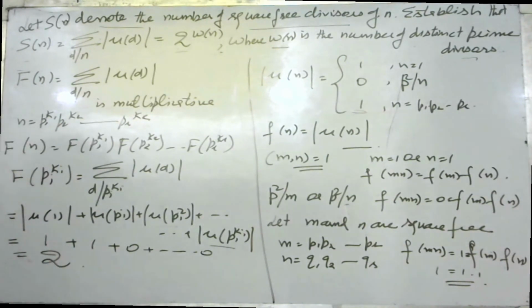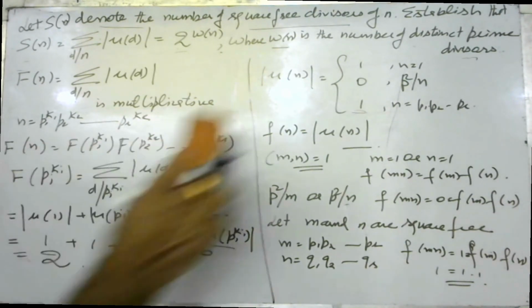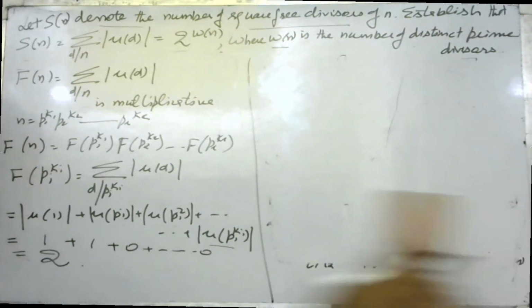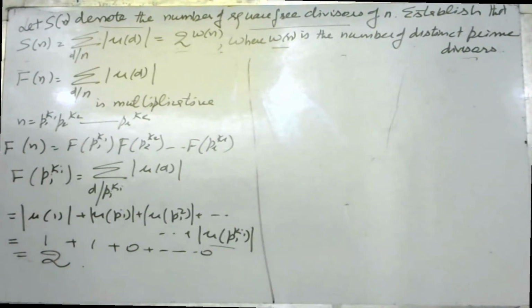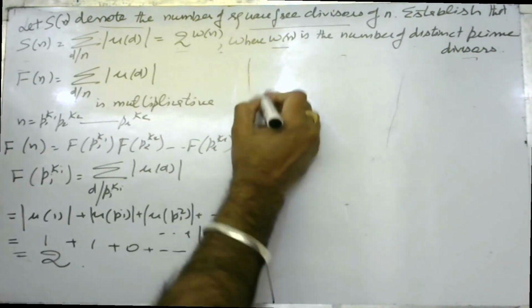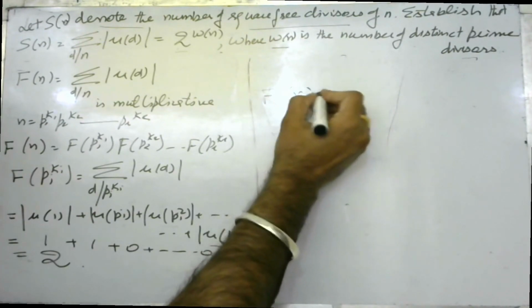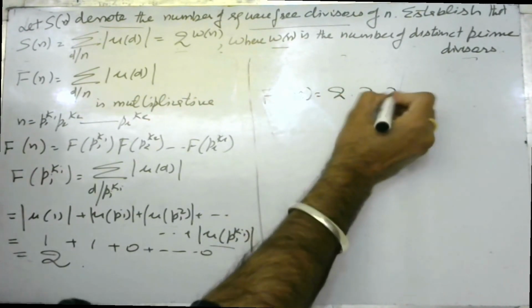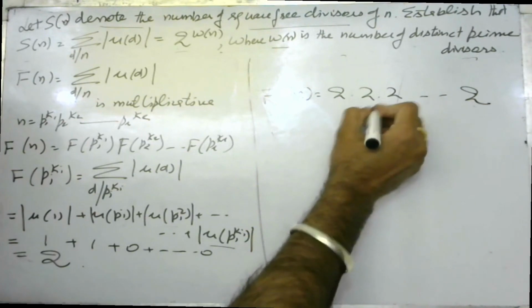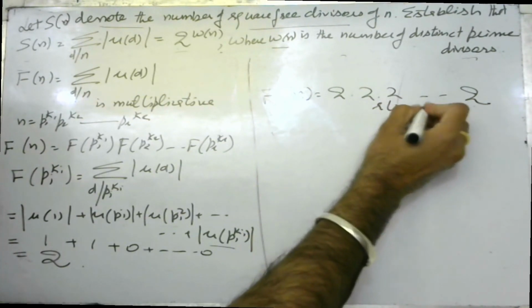So putting this value here, F(n) becomes 2 into 2 into 2 into 2. How many times? r times.